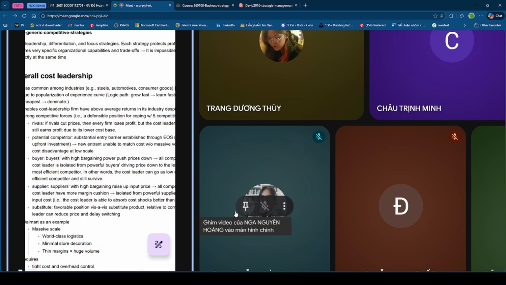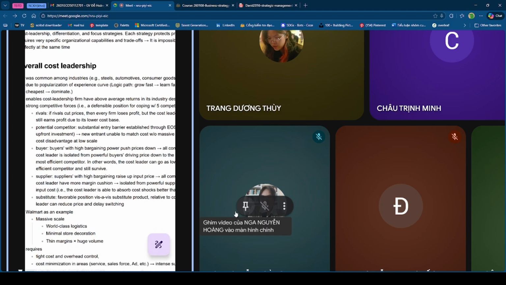And the third force is the buyers. The buyers may have high bargaining power because they purchase a large quantity from the industry, so they have market power and they face a low switching cost. So they try to push the price down and command a low price while they ask for high quality, right?